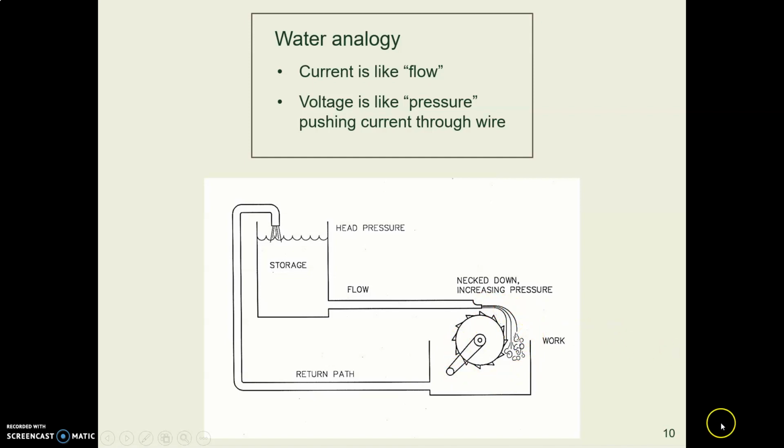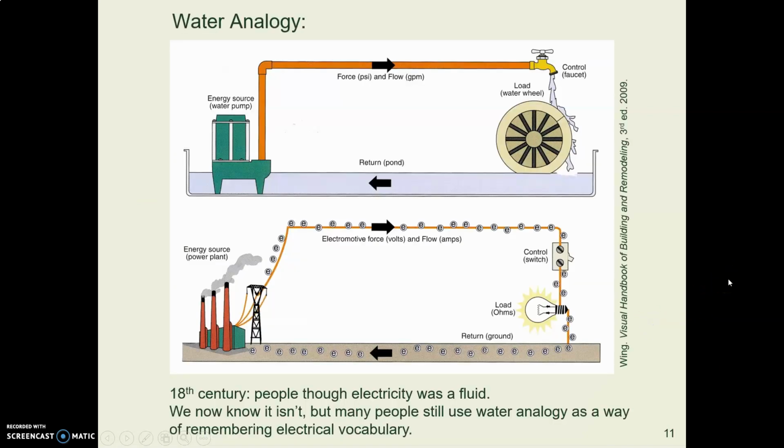And then, just to make it more like an electrical circuit, I drew a return path. So to help us think about vocabulary, current is like water flowing through this pipe, or like current flowing in a river. And voltage is like the pressure that pushes that current through the pipe. Electricity is not fluid. This is just an analogy, but it might help you to remember which word means what.